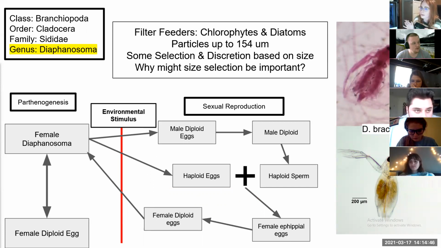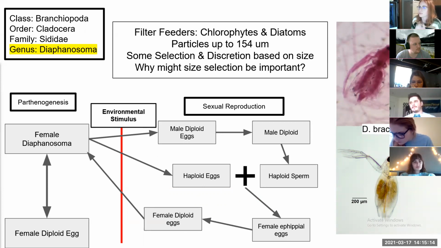There have been experiments where they can go after specific particles based off of their organic compounds and based off of size. So what do you guys think that means for an ecosystem? When you're thinking about organic matter in the water, there's lots of different sizes of it. And so what do you think their size selection might affect?